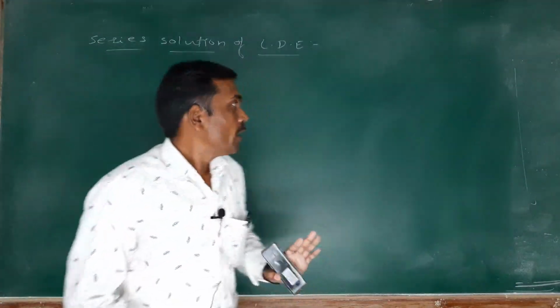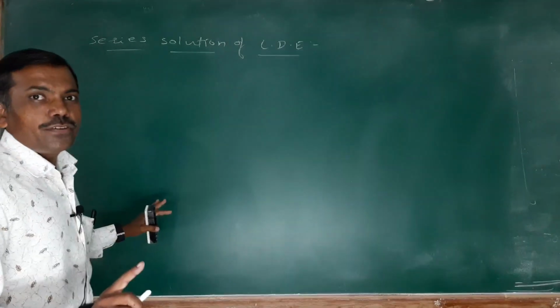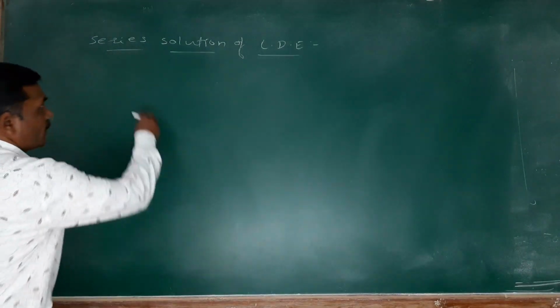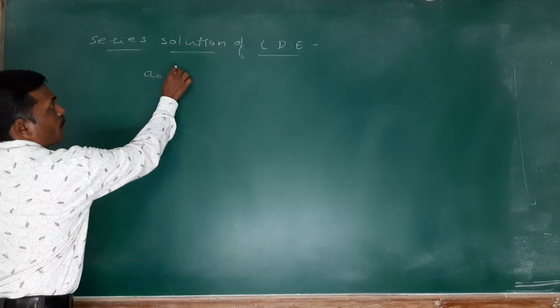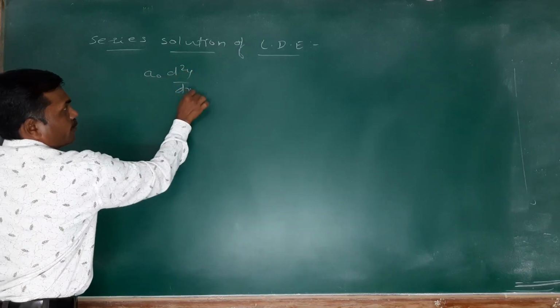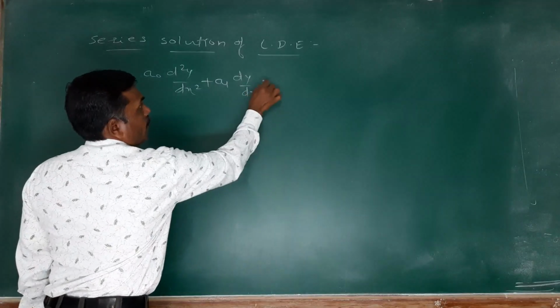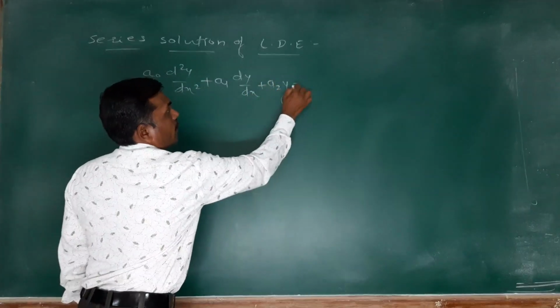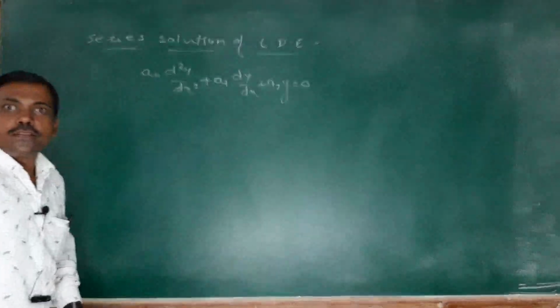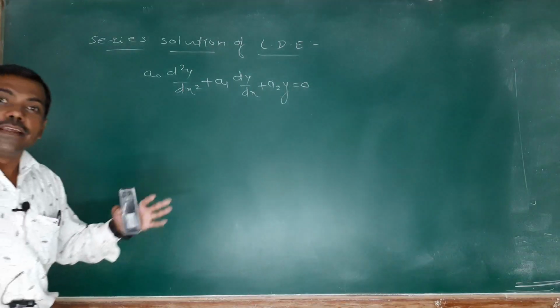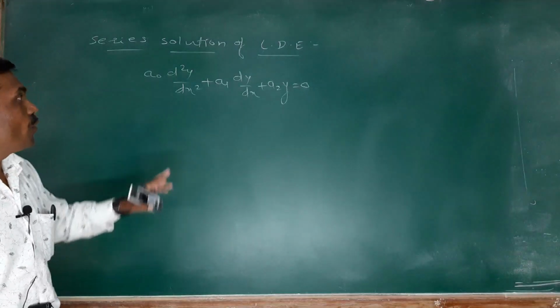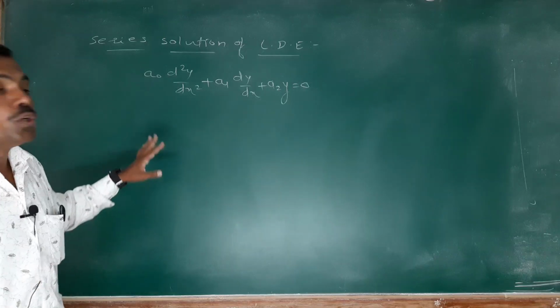Now first I write a linear differential equation with constant coefficient. It is a0 d square y by dx square plus a1 dy by dx plus a2y is equal to 0. This is our homogeneous linear differential equation with constant coefficients of order 2.